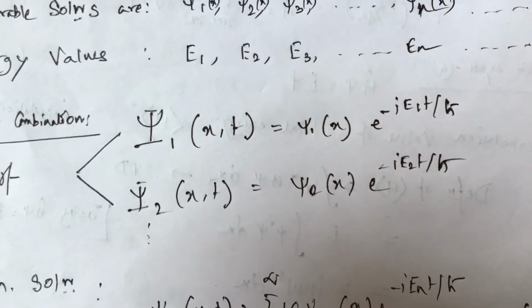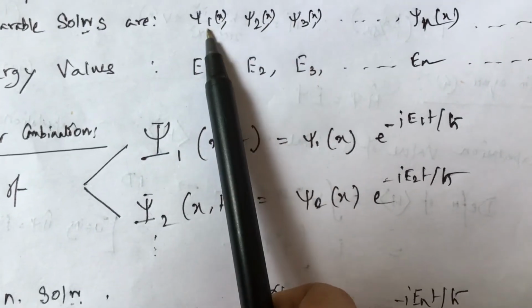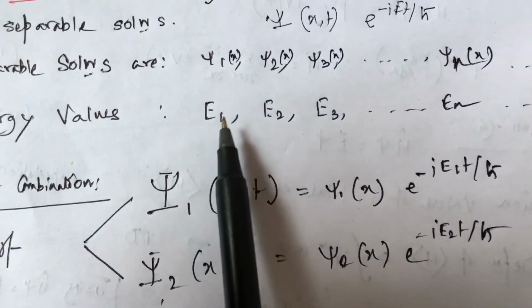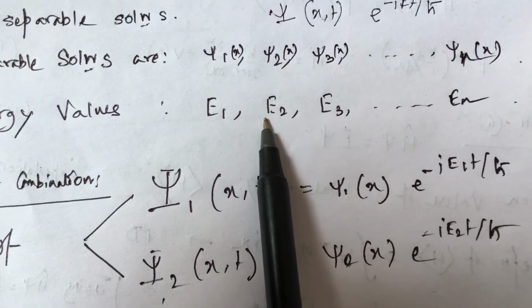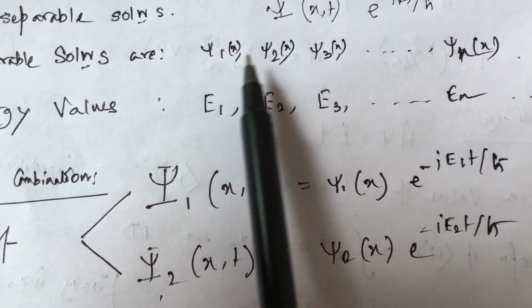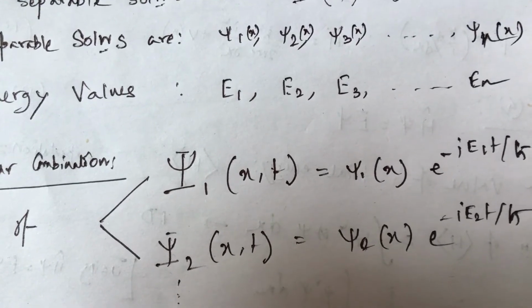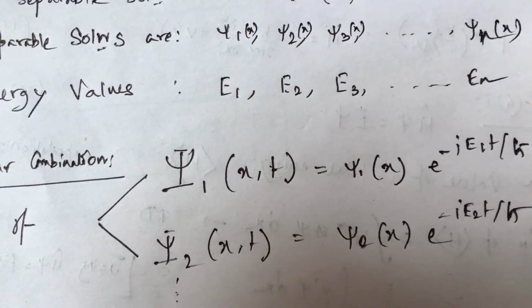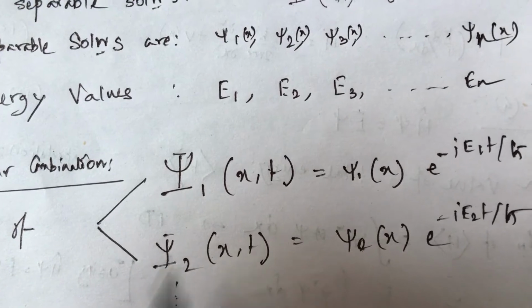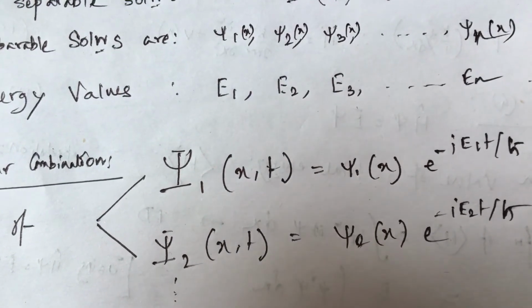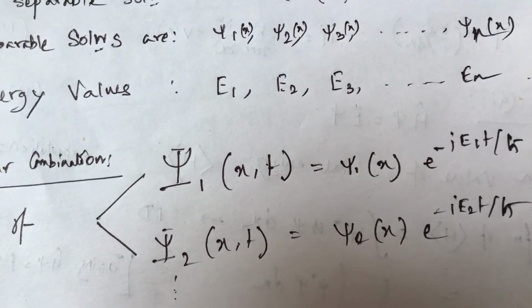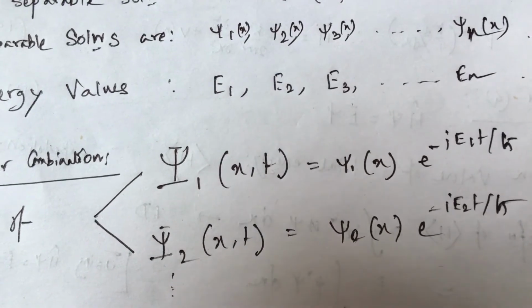Now if I take only these two wave functions, psi1 and psi2, with the corresponding energy values E1 and E2, and make a superposition of psi1 and psi2, I will have a general combination, which will be a general solution that is a superposition of psi1 and psi2.